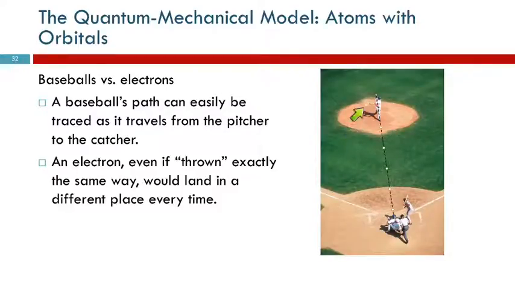So a pitcher pitches the baseball, and we can predict based on the direction in which it's thrown and the force with which it's thrown and air resistance and all of those things, the force of gravity, exactly where it's going to go. And a good pitcher can pitch the ball to the same place over and over and over again.